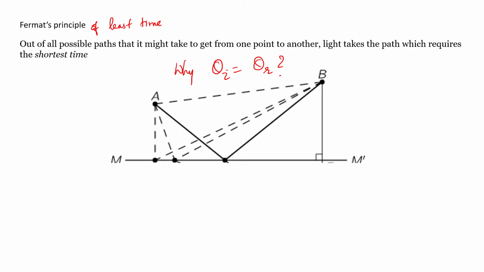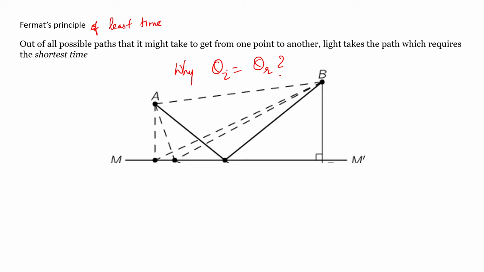If you are in the same medium, like air, and you're going from point A to point B, because the velocity of light doesn't change within the medium, shortest time and shortest distance may be equal.